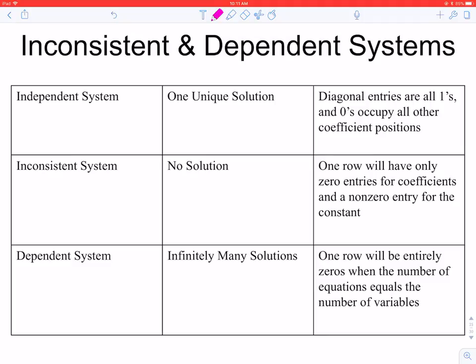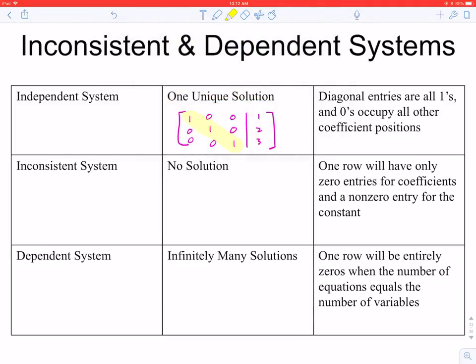Basically, there's going to be one unique solution if the diagonal entries are all 1s and 0s occupy all the other coefficient positions once you get to reduced row echelon form. And that will look like our last example, or I can just say 1, 2, 3 for x, y, z.